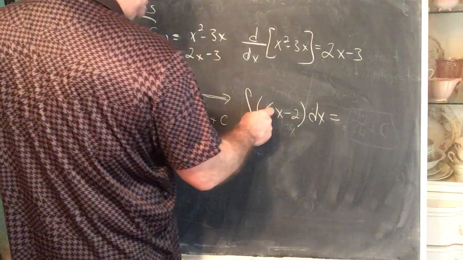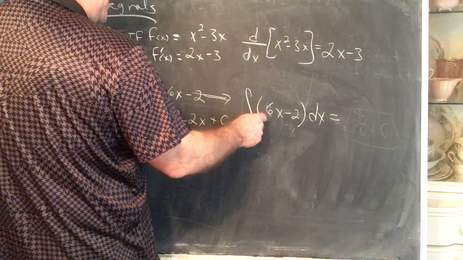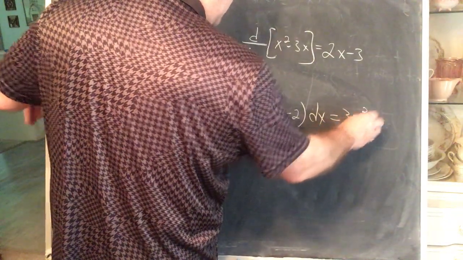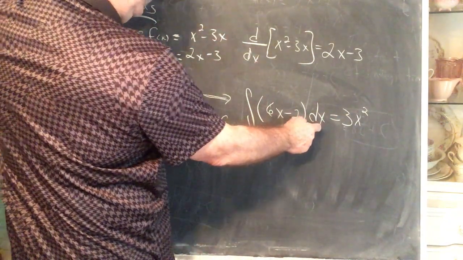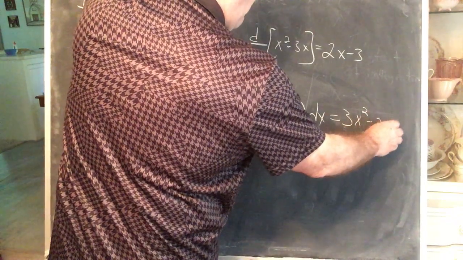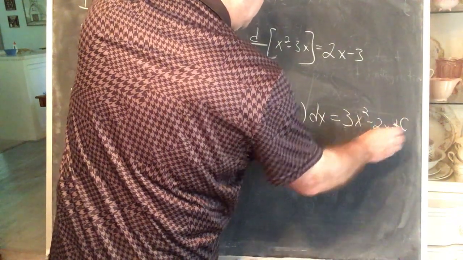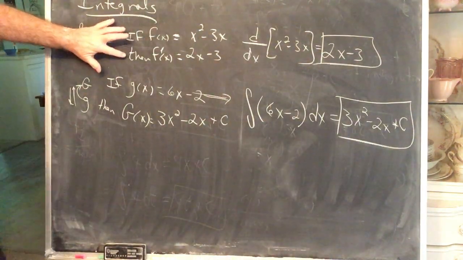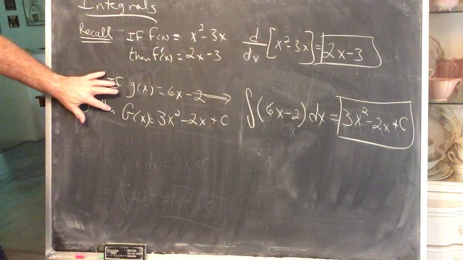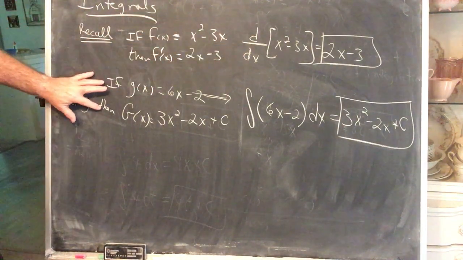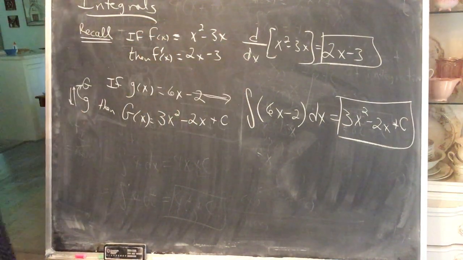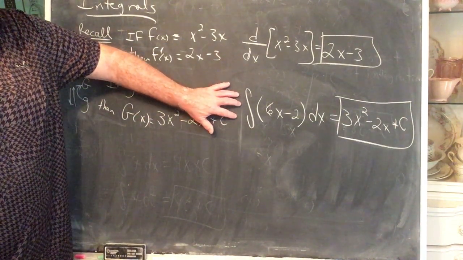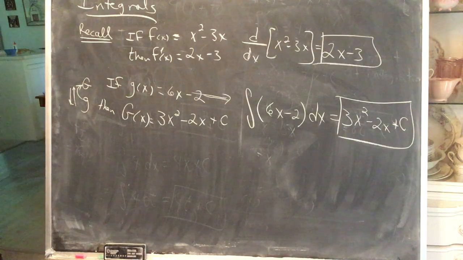Add 1 to the exponent, divide by the exponent. What's 6 divided by 2? We have added 1 to the exponent, reattach the variable, this tells us which one, and throw in the constant of integration. So, you can say this expression in 2 lines, or you can say this expression in 1 line. This is typically the procedure we will use. This is the notation we will use going forward.